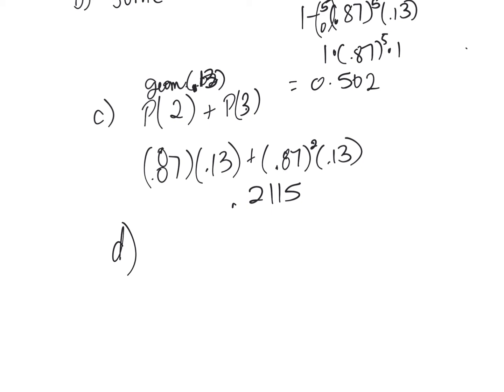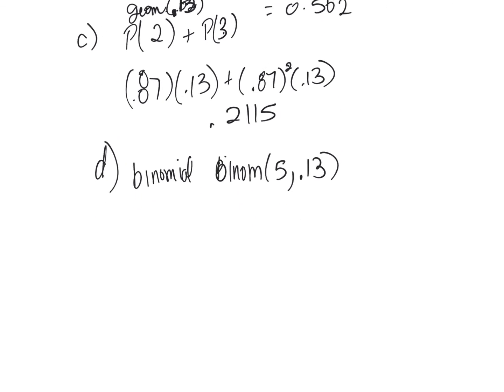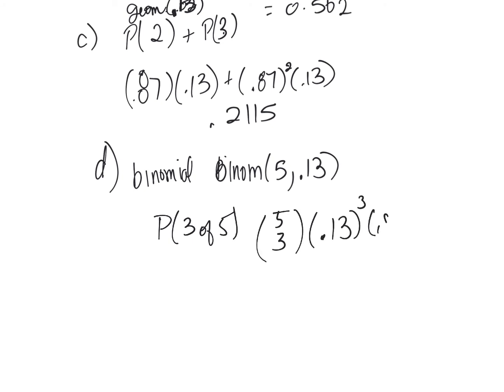There are exactly 3 lefties in the group. Now we're looking at binomial. It's binom 5, comma 0.13. Okay, that defines our model. What's the probability there's exactly 3? So the probability of 3 of 5 is 5 choose 3, 0.13 to the third, 0.87 squared.